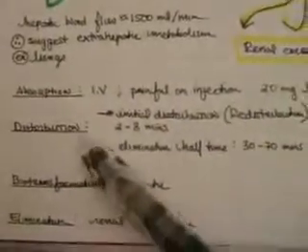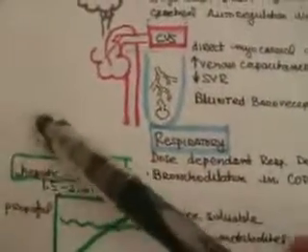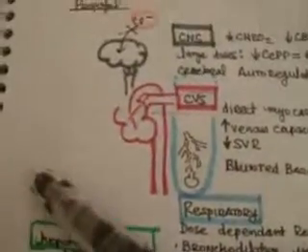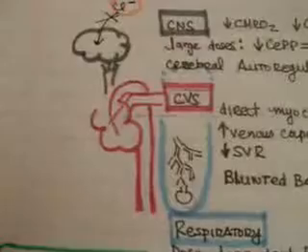As for the distribution, the interesting thing about propofol is that with an intravenous infusion, due to its high lipid solubility, it goes to the central nervous system with a rapid onset of the clinical manifestation of sedation.